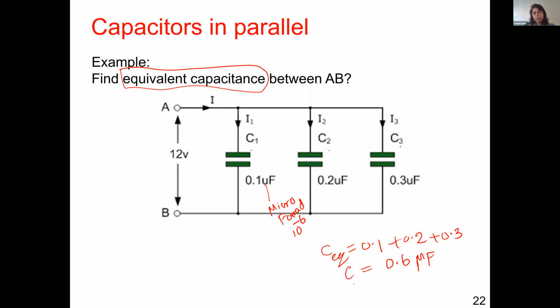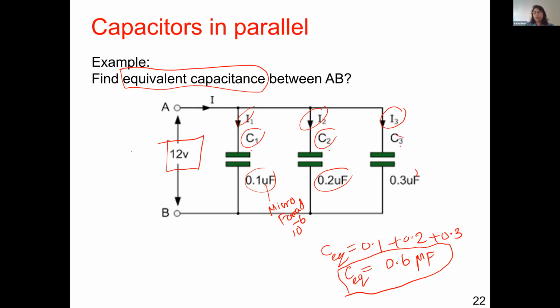This calculation is easy, but you need to really understand they are parallel to each other. When they are parallel, different capacitors have different current in the circuit. C is different, but they have the same 12 volts. So that is basically parallel capacitance.